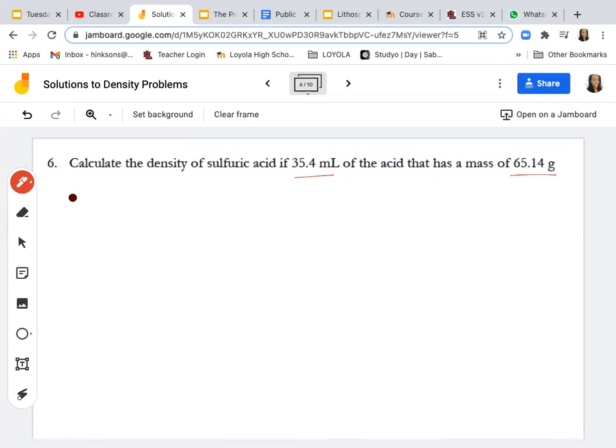We already have volume. So volume is 35.4 milliliters, and the mass is 65.14 grams. Then you have to figure out what you have to do. Density equals mass divided by volume. Okay, so rho equals 65.14 grams divided by 35.4 milliliters.